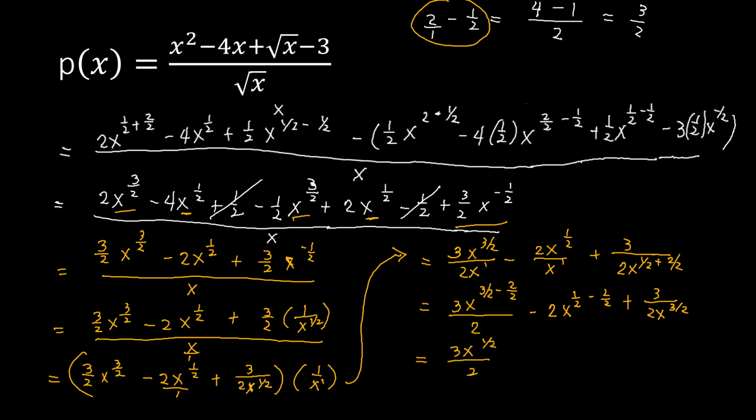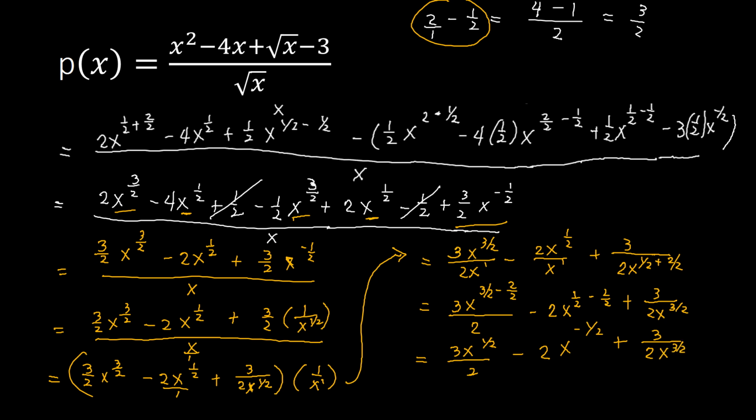Over 2 minus 2x to the power of 1 half. 1 half minus 2 over 2. This will be 1 minus 2. That's negative 1. So 2x to the power of negative 1 half. And then plus 3 over 2. Then we can go and then later on, let's have that later on.